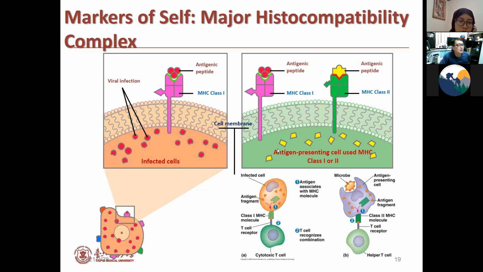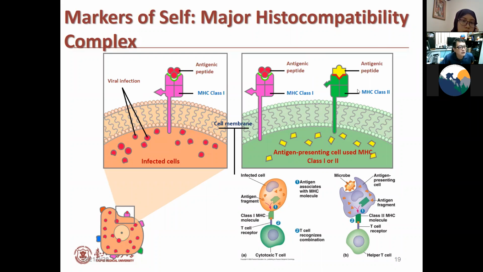Other kinds of APCs deal with LPS, lipoprotein released from bacteria or pathogens. They do phagocytosis, transport it into the cytoplasm, process it and present the antigen on either MHC class 1 or MHC class 2.